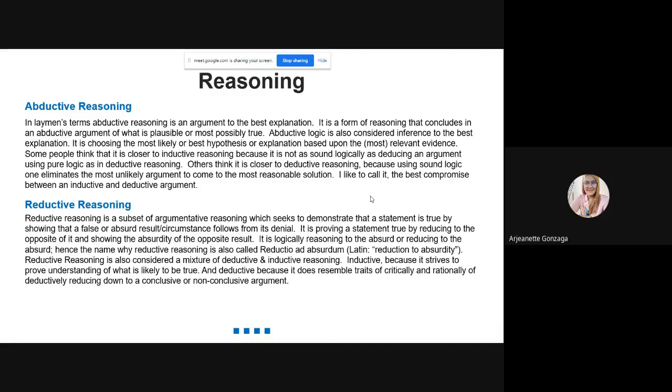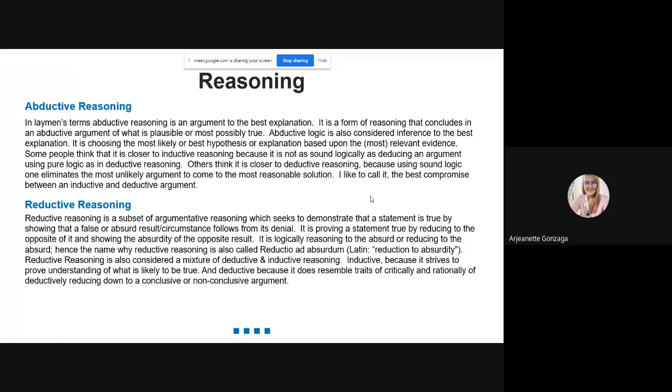So it is proving a statement true by reducing to the opposite of it and showing the absurdity of the opposite result. So, baliktad naman siya. Papatunayan niya na true sa opposite side. Papakita niya yung result ng opposite side.